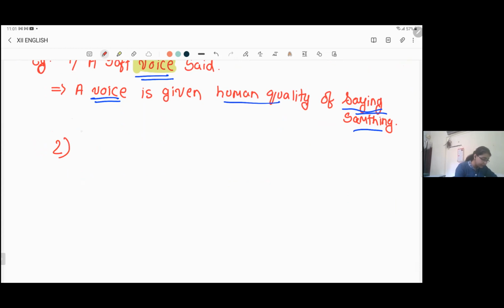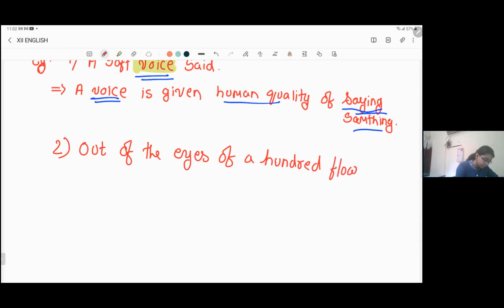Out of the eyes of a hundred flowers. Here, flowers are given the effect of human quality, that they can see with their eyes.